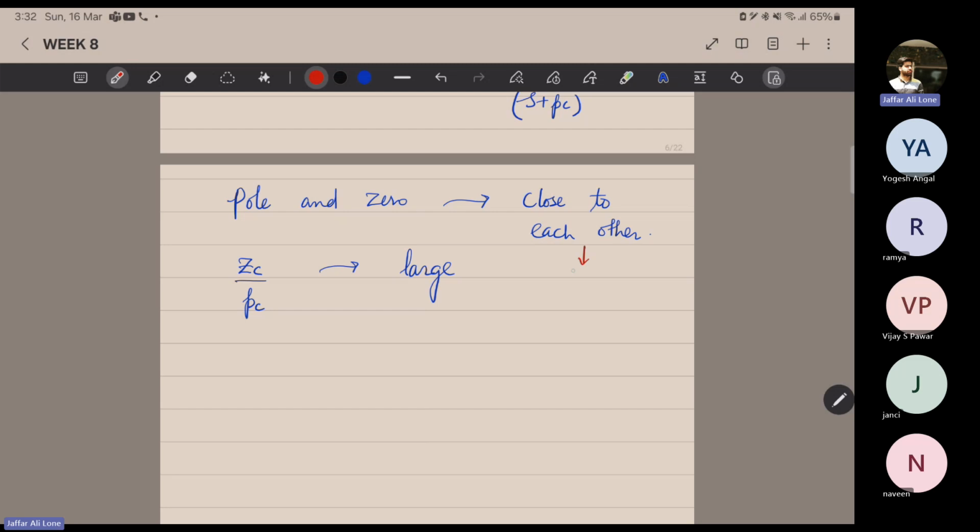Because we don't want the transient to be impacted, to achieve a better steady state response.